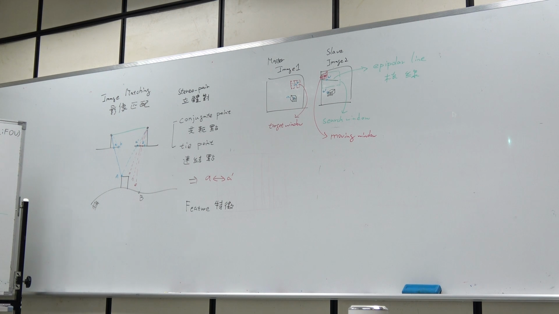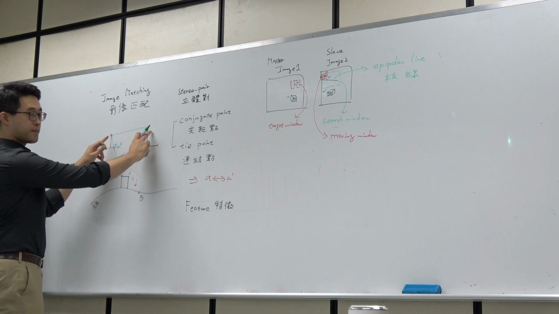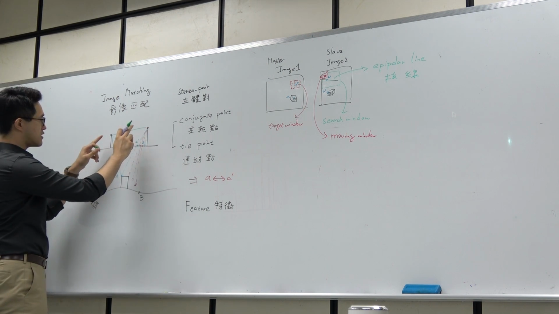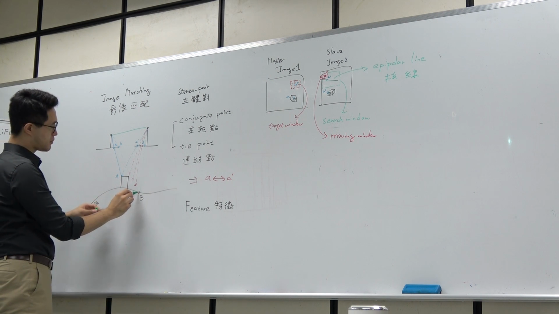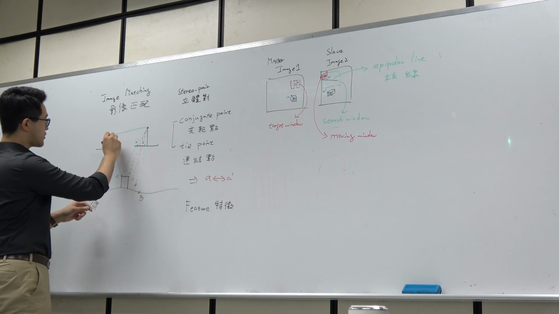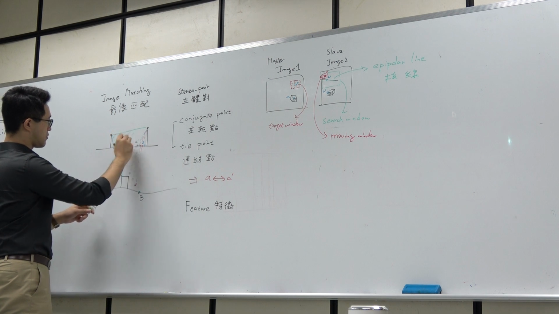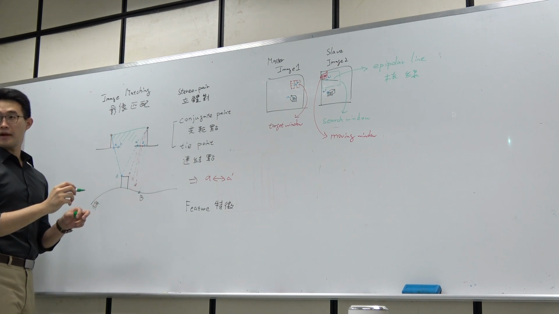And then, if right now you have the two perspective centers, and this is the baseline, and these two points, and one target point, for example, the B point over here, then they will form a plane, right?